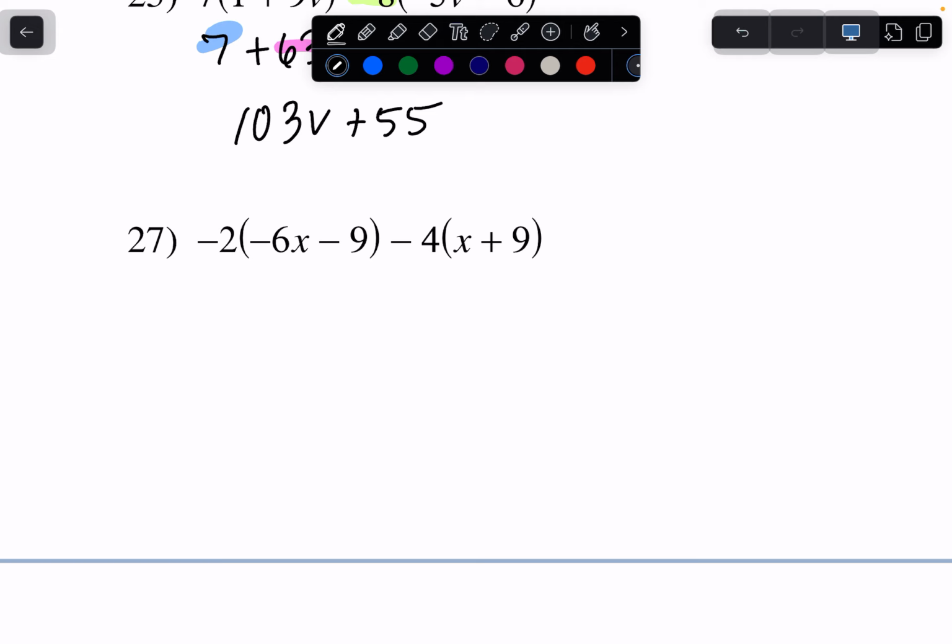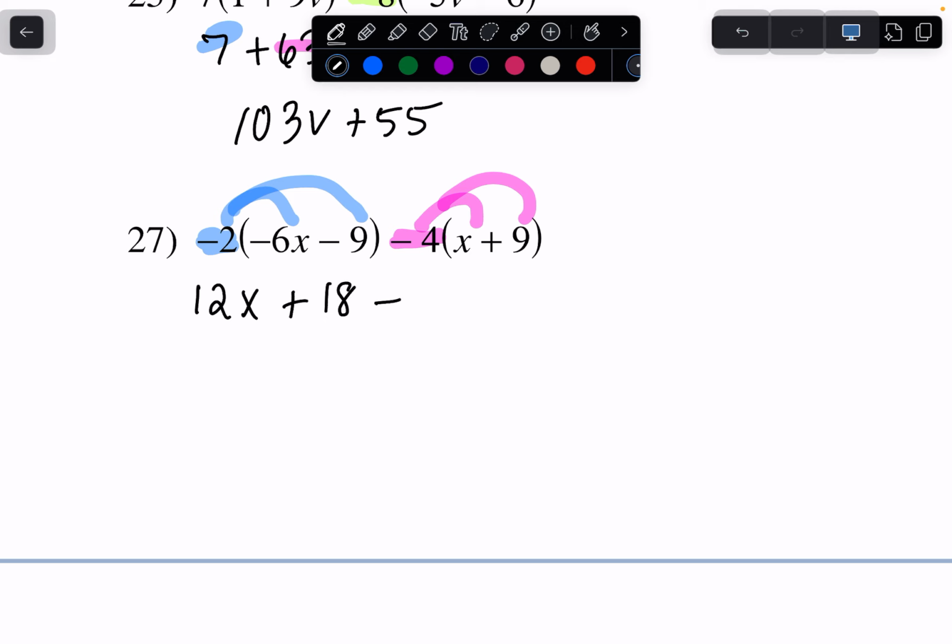Okay, so we're going to distribute the negative with the 2. It's going to go to both of those. We're going to distribute the negative with the 4. It's going to go to both of those. Okay, so just be careful when you use the distributive property. So we get a positive 12x. Now, if you want to put a plus in front of the 12, it's not wrong. Go for it. I don't care. And then we're going to get a positive 18.